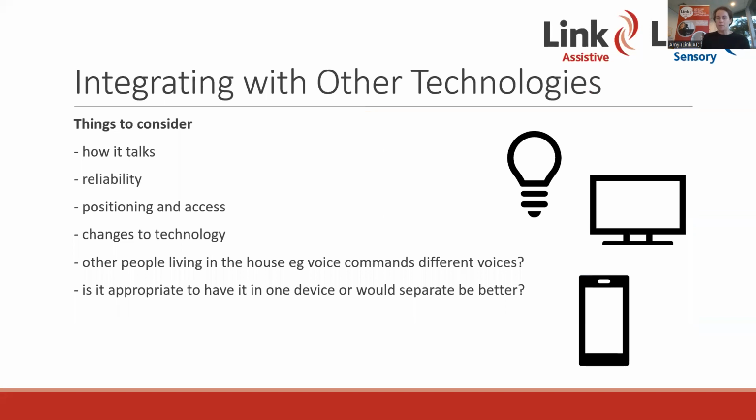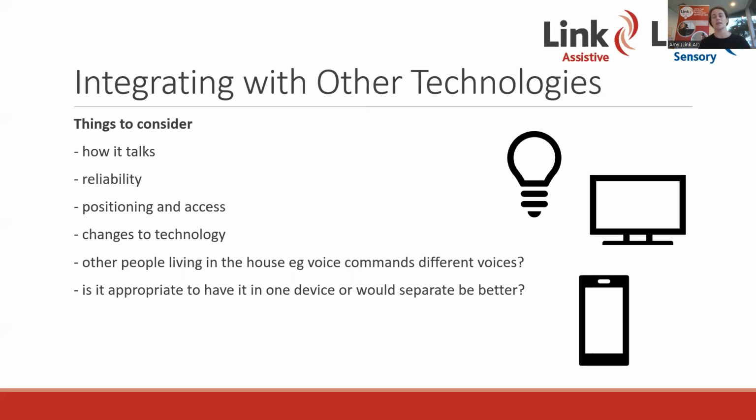So you might find that your user just wants to access the computer and the device itself is all you need. Some people want to be able to integrate with other technologies. So I'm thinking TVs, lights, their mobile phone, for example. What we've really got to think about is how each system talks to each other.